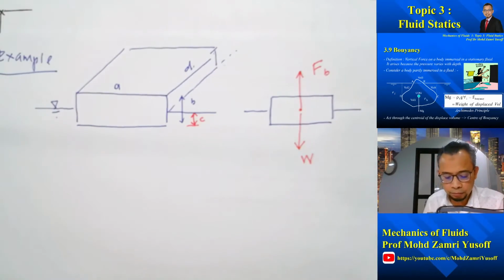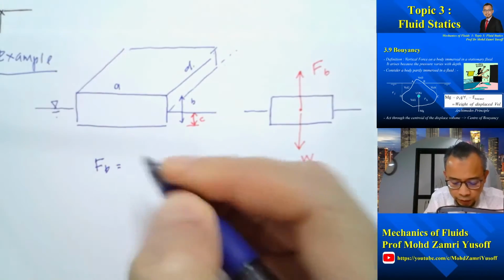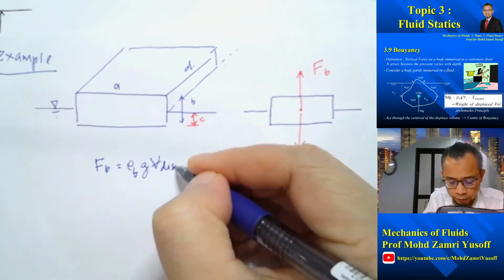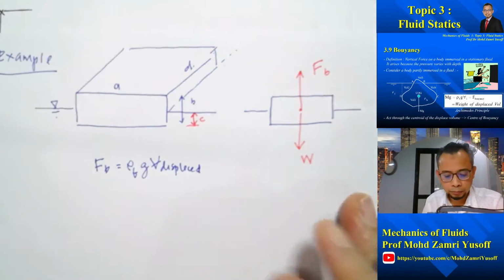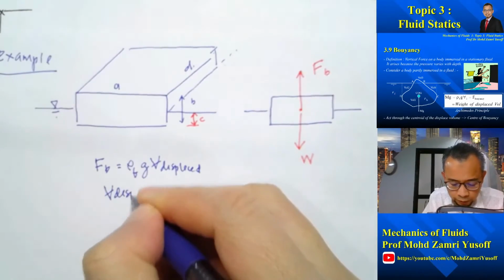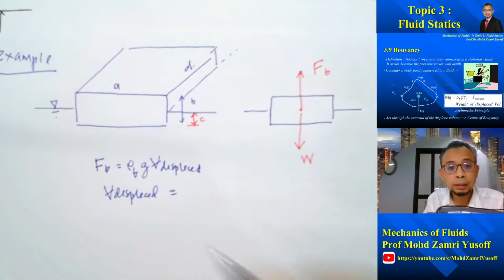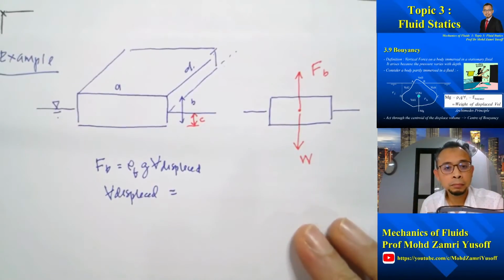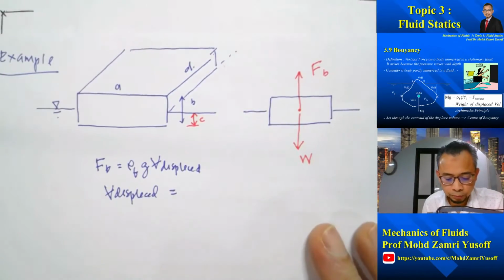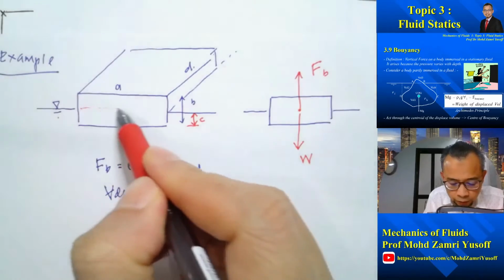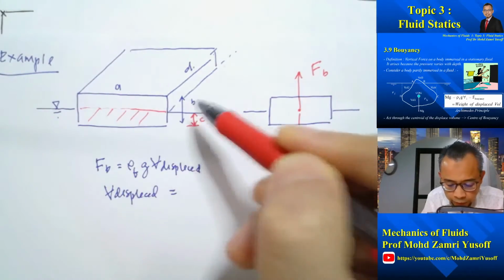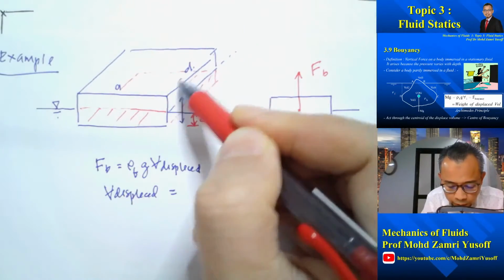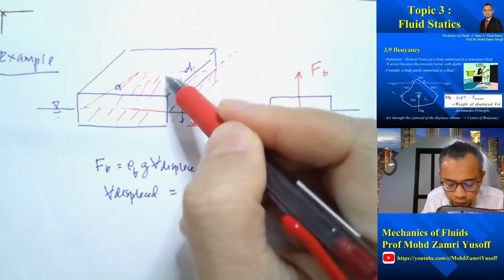The buoyancy force will be equal to rho_fluid g V_displaced, where V_displaced in this case is equal to this volume here, the part which is submerged under water.